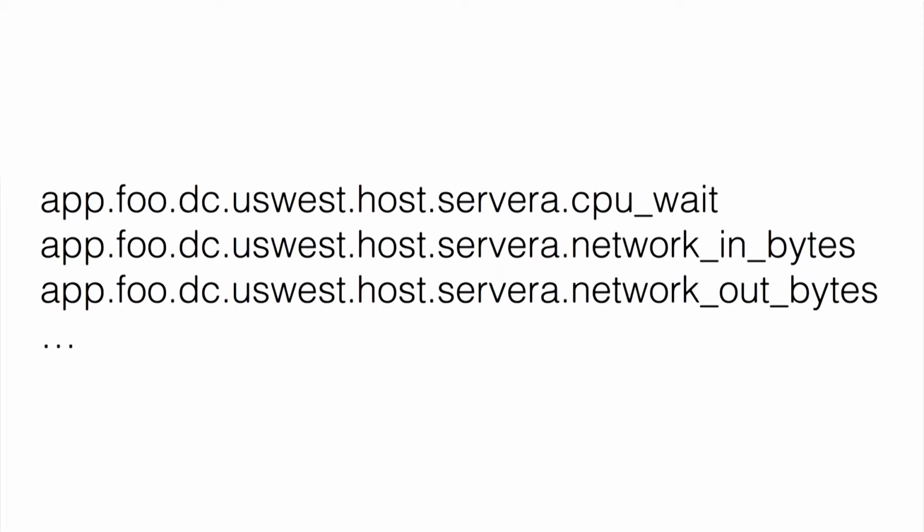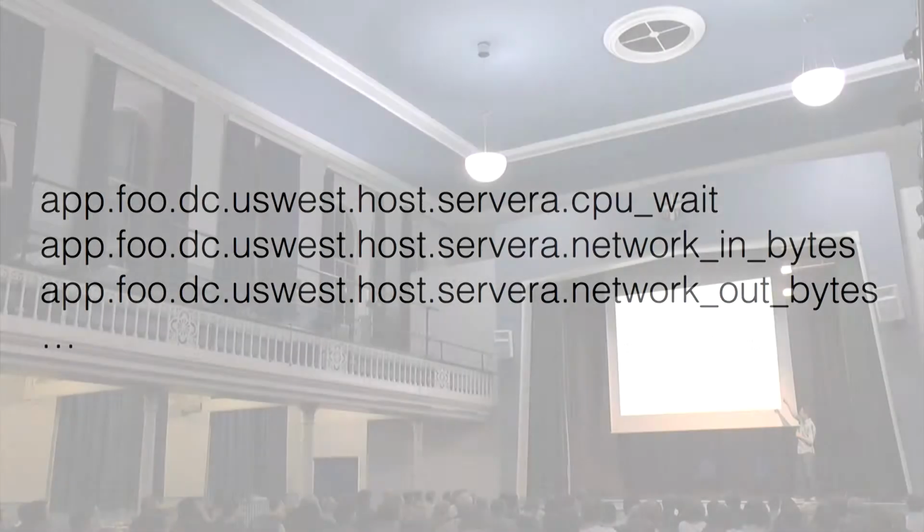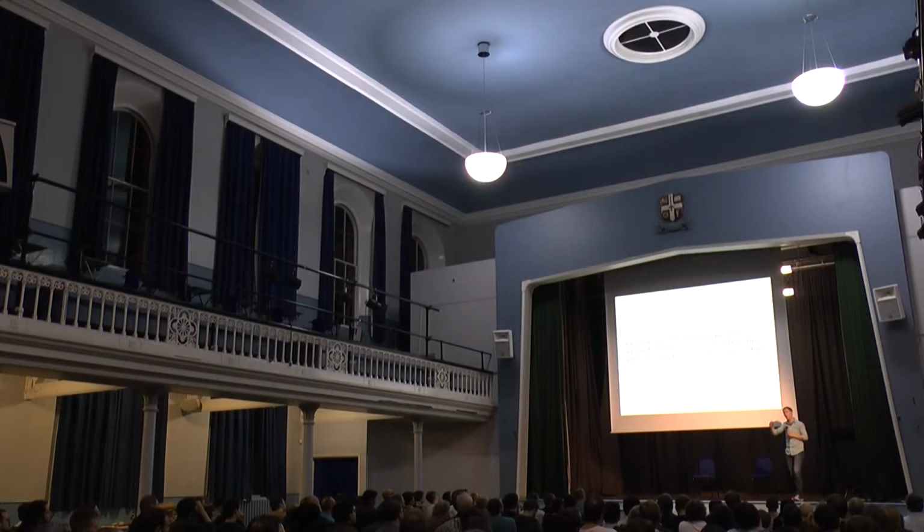So app, the name, data center name, host, the host name, and then finally, what is the thing you're measuring? Now, if you just get a list of metric names, like all of them, flat, like this, then you can just look at the last part of each one. But again, if you have millions of metrics, you're going to be very sad when you try to answer this question. So essentially, you have to traverse that entire hierarchy to get down to the name.